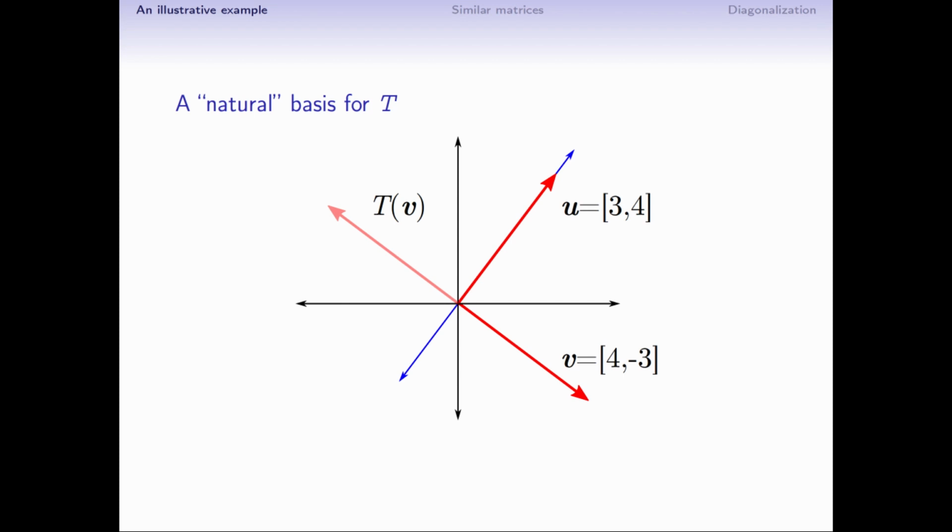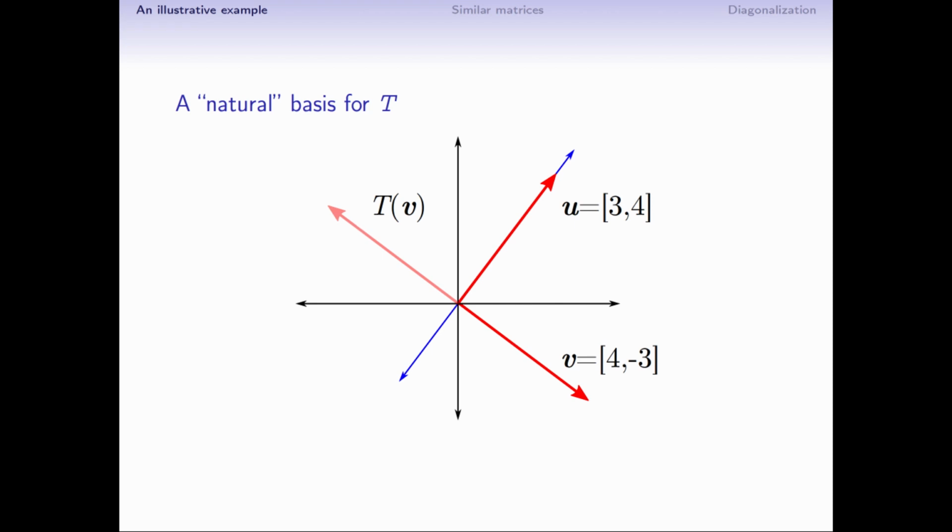Now what's special about these two vectors is that they act in a very nice way with respect to the transformation T. Notice that u is already on the line, so when we apply T to the vector u, it remains unchanged. T of u is equal to u. On the other hand, v is orthogonal to the line, so when I apply T to v, it flips the vector, and so T of v is the negative of the vector v.